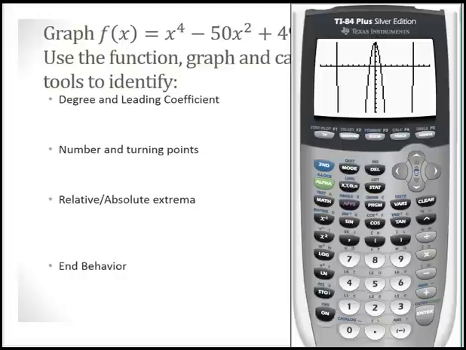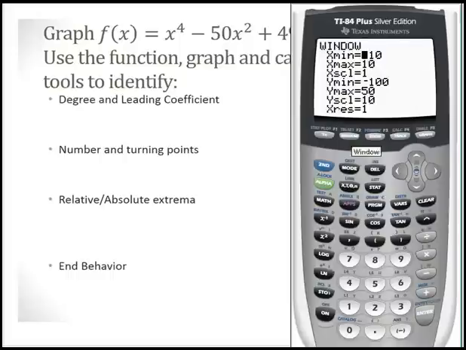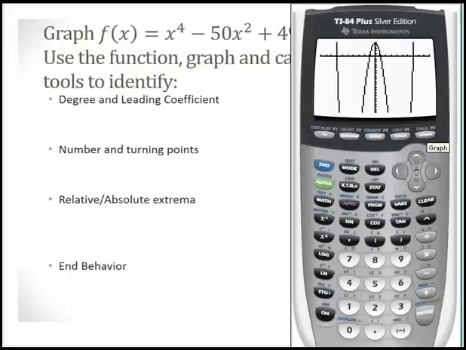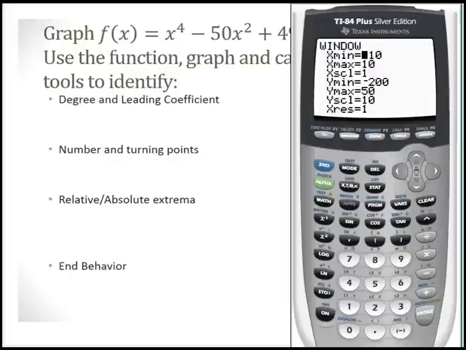That's a little better. As moving from left to right, it appears to be decreasing, then increasing, decreasing, then increasing. I need to adjust the window some more. Let's go to, how about -200, and see if that gives me a better picture. That's a little better. Let's go a little further. How about -400?